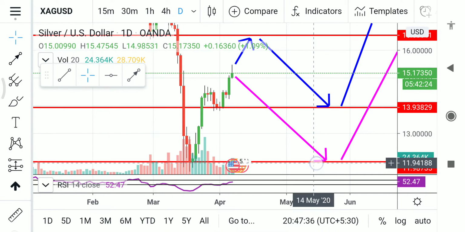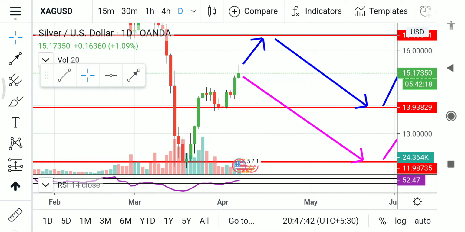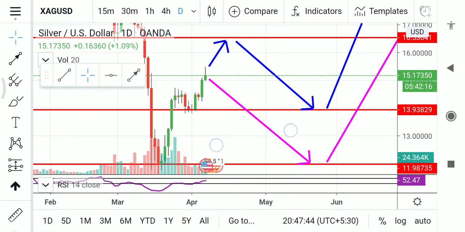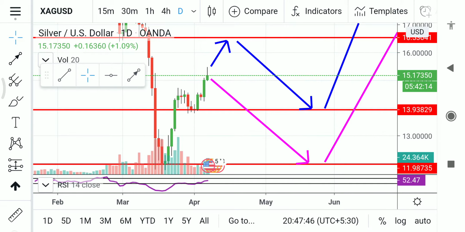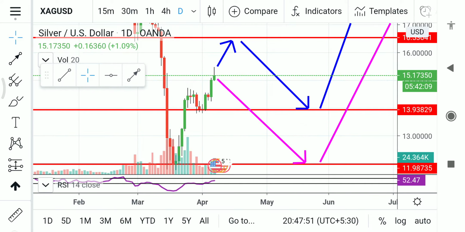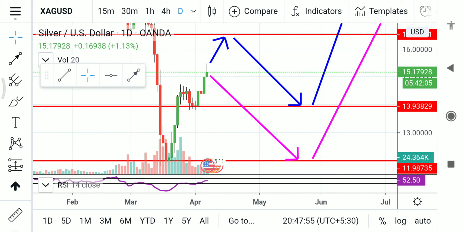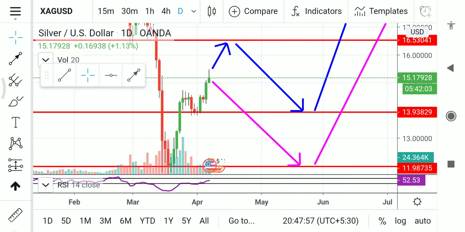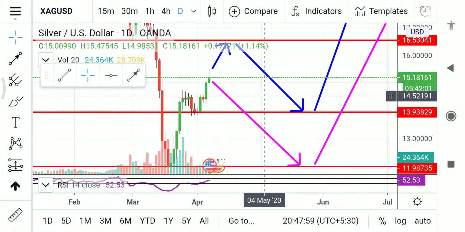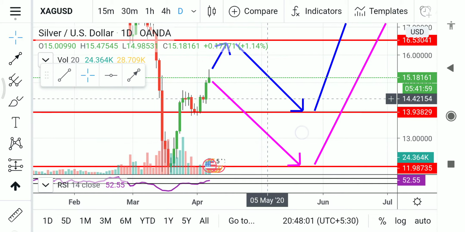It can test this $12 level, but this scenario I'm not very sure of, because silver testing the $12 level again doesn't meet my expectation. My simple expectation is it will come around the $14 level or $13.5 level.